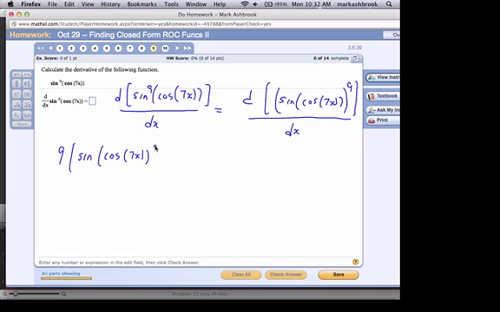Remember that? Okay, to the 8th. But then by the, so go ahead. Yep, by the chain rule, now we've got to multiply by the derivative of the interior function.